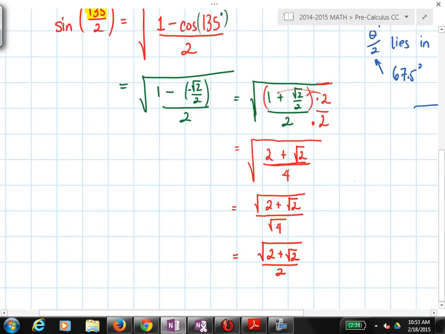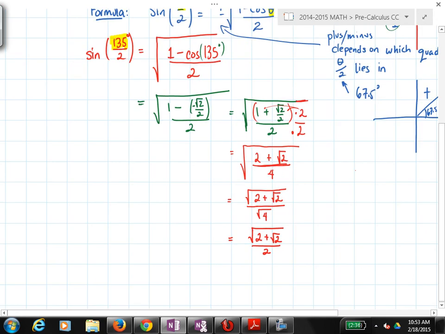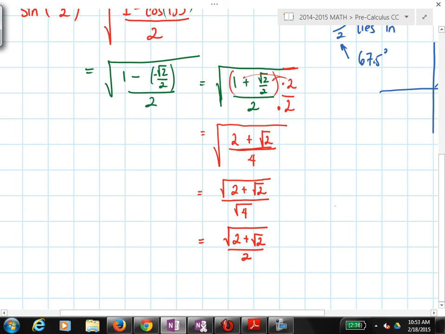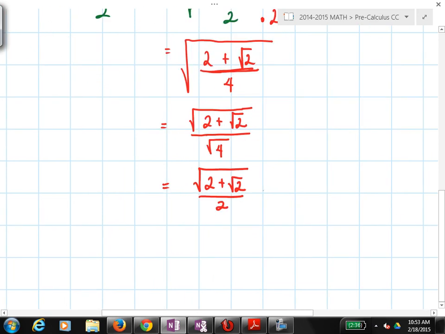Your assignments may write that divide by 2 as just a 1/2 in front of this radical, 2 plus the square root of 2. So if you look at your handout, you may see some multiple choice questions that have answers like these.